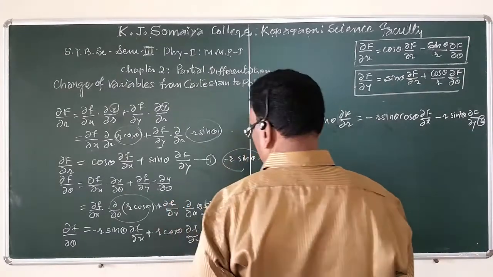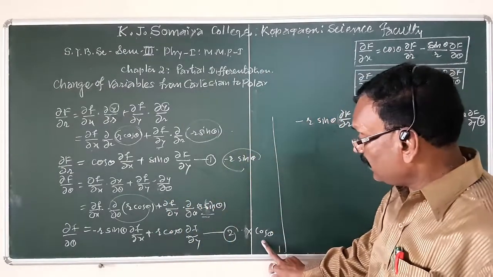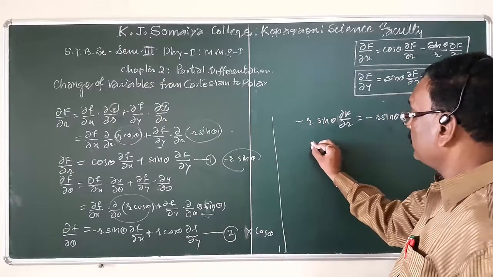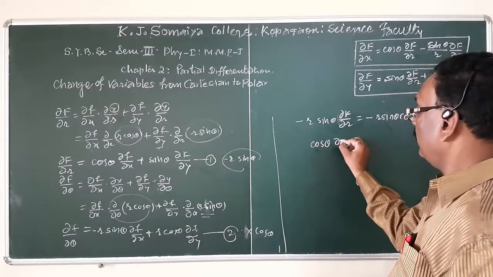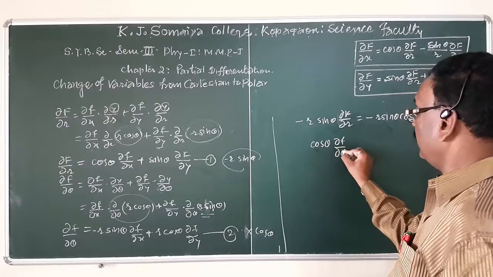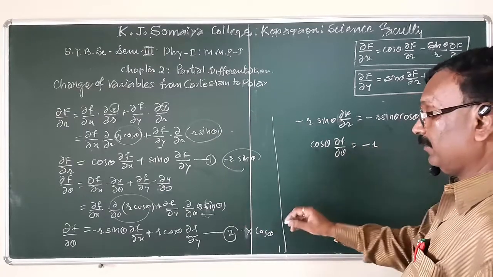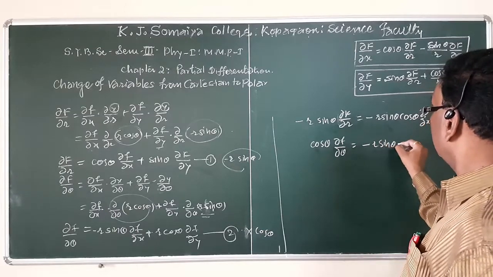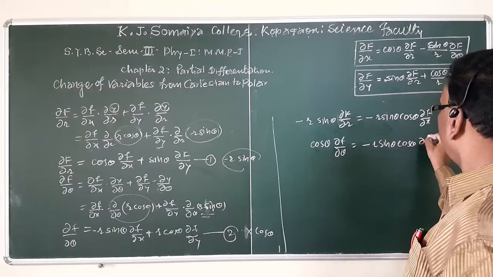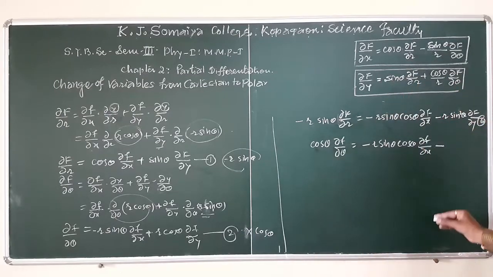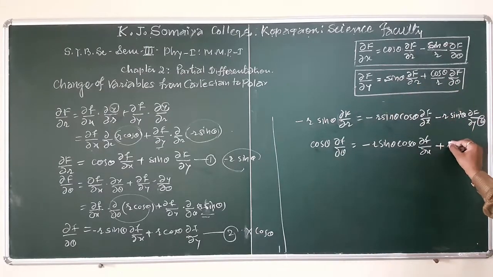Now after multiplication of this term cos θ to this equation, we have cos θ ∂f/∂θ is equal to minus r sin θ cos θ ∂f/∂x, then plus r cos square θ ∂f/∂y.